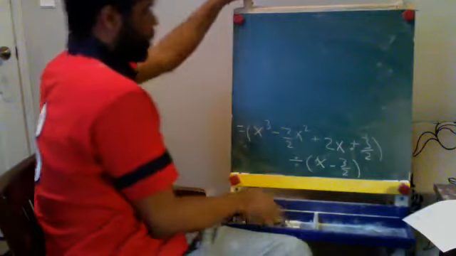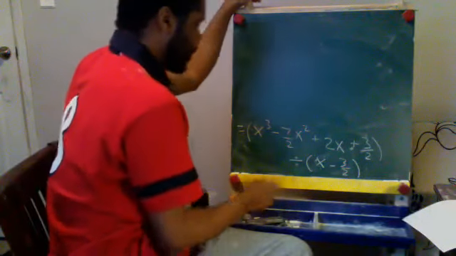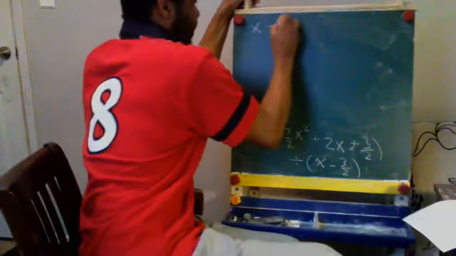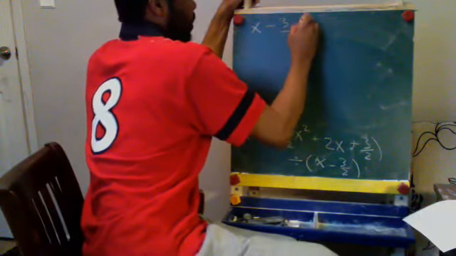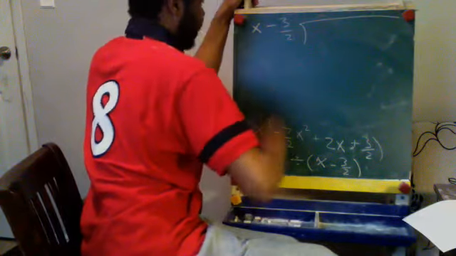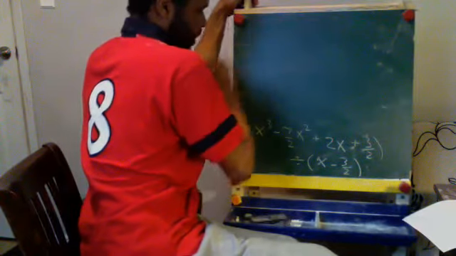Okay, so again, we're looking at 6b. And so what I have now is x minus 3 over 2, which is going to be divided into, I need to write it a little bigger, a little to the left.